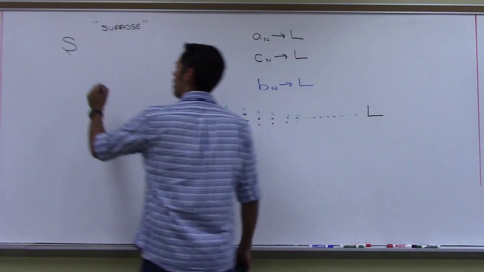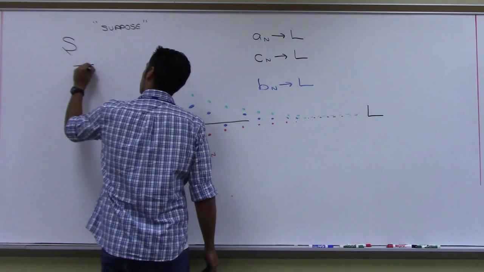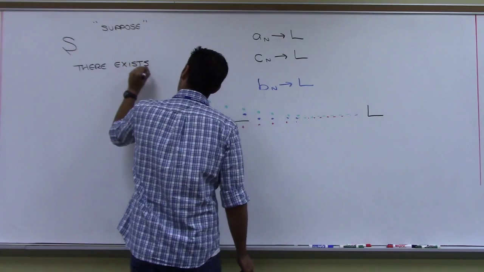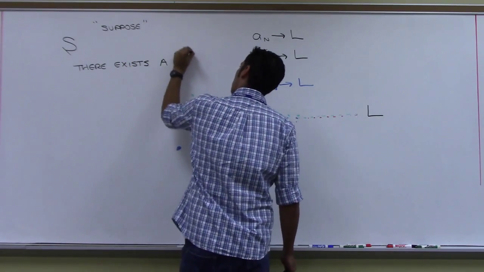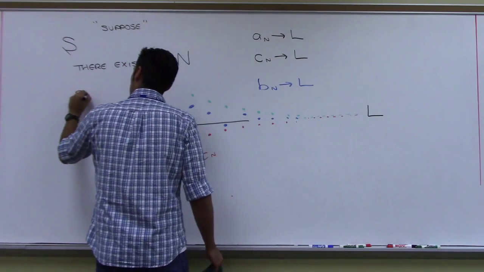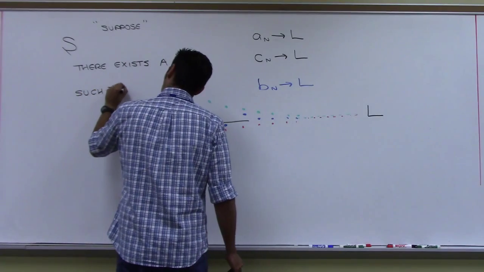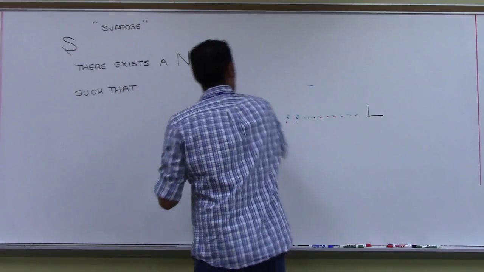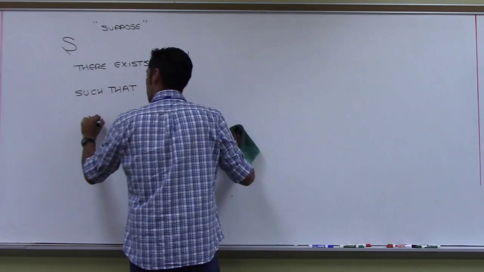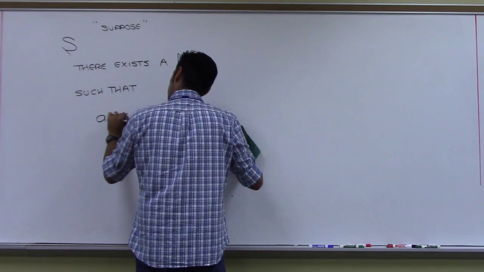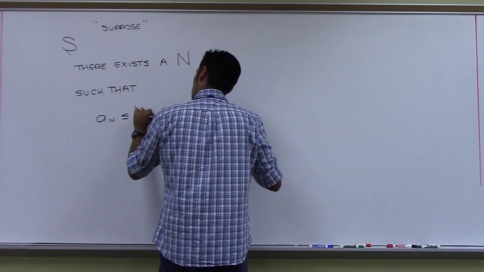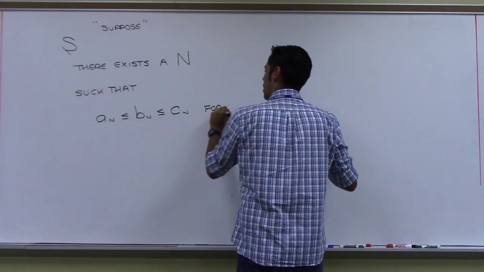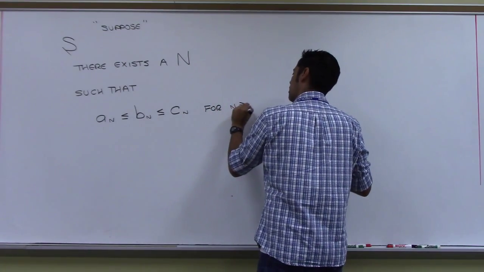Suppose there exists a capital N such that A sub n is less than or equal to B sub n is less than or equal to C sub n for little n greater than or equal to capital N.